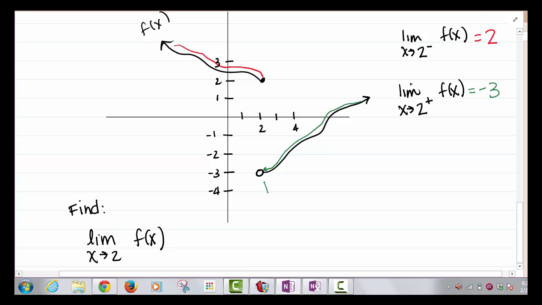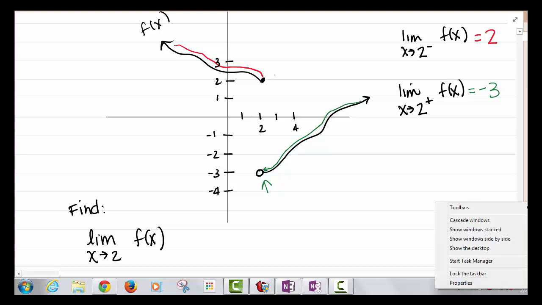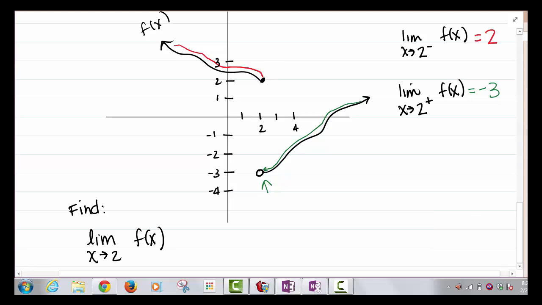Notice that the function is not defined to be negative 3 when x is 2. It is rather defined to be 2 when x is 2. So if I were to ask you what is f of 2, you would say f of 2 is 2. Why is that?